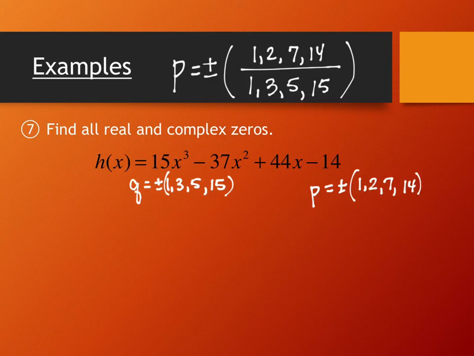And we're going to do that same Zoom 6 standard window. I feel like I might have a sign wrong because it definitely crosses. Let me double check. It may not be in this window though. Oh, my 15 got left out. 15x cubed, minus 37x squared, positive 44x and minus 14. Okay, let's try again. Here we go.